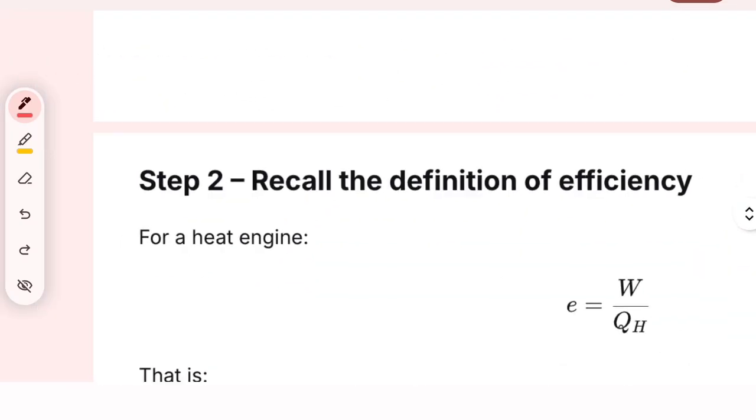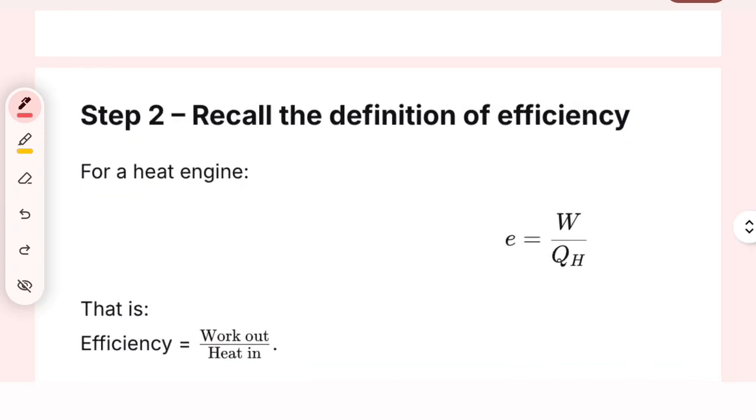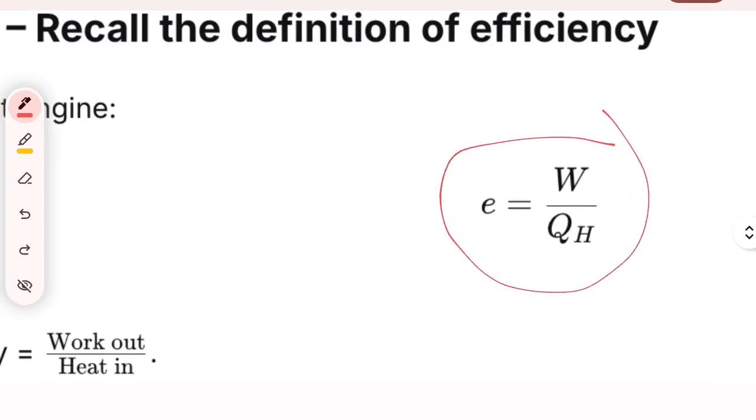All right, so for step number 2, we will now recall the definition of efficiency. I hope you still remember the definition of efficiency. For a heat engine, the efficiency formula is E equal to the work done over the heat put in.